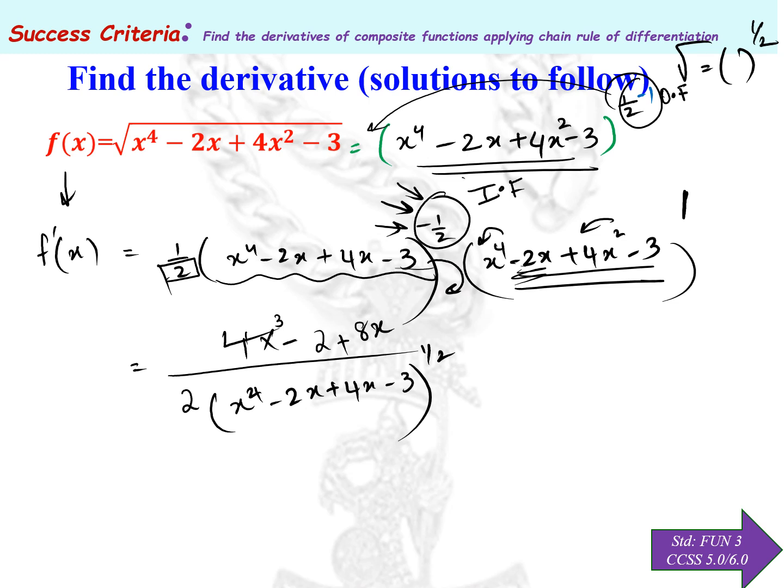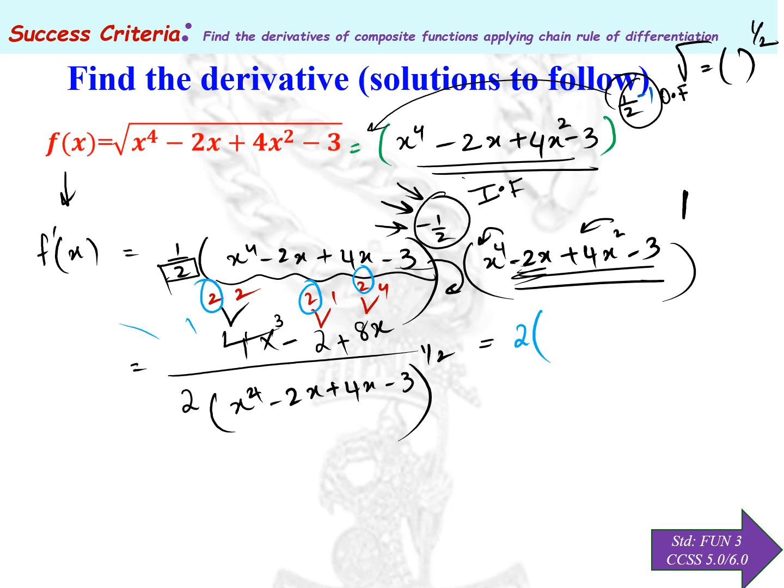So again you can take the 2 common. Why? Because 2 times 2 is 4, 2 times 1 is 2 and 2 times 4 is 8. So what is common in them? 1, 2. So this has 2, here is 2, here is 2. So we will write the 2 as a common factor. What is left now?